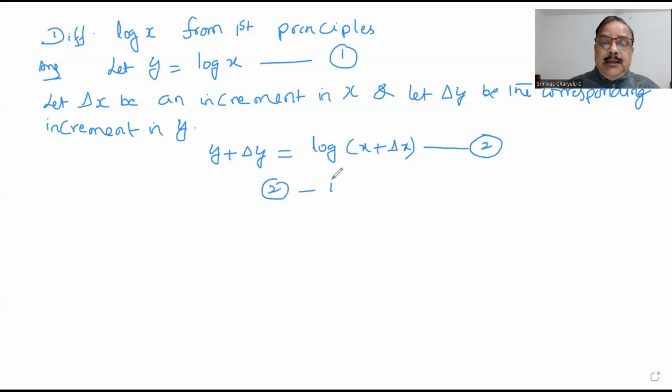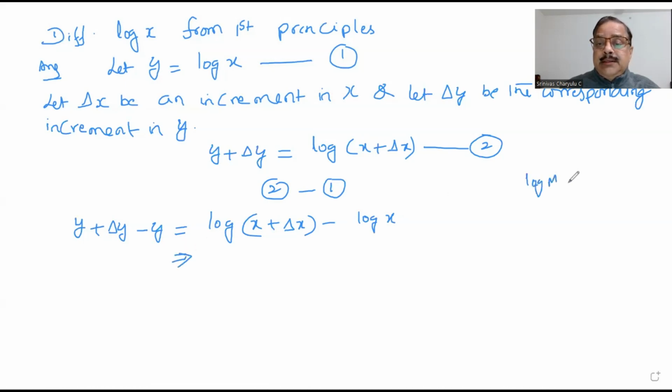So our usual procedure remains the same, 2 minus 1. Y plus delta y minus y is equal to log of x plus delta x minus log x. So here your basic algebra, log m minus log n is equal to log of m by n.